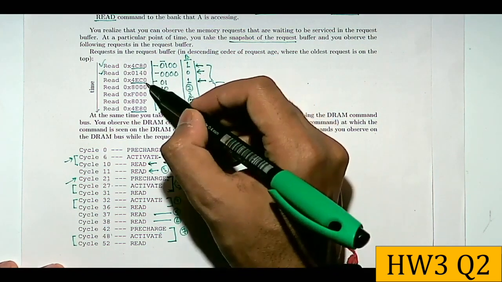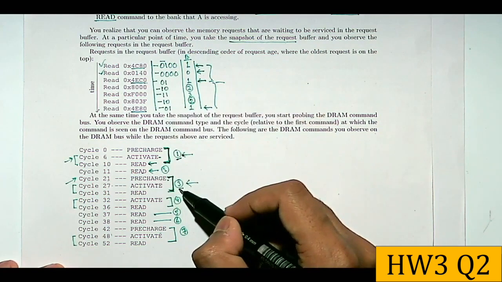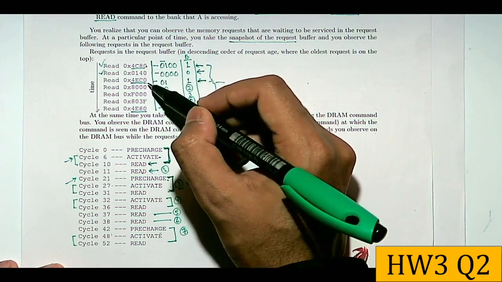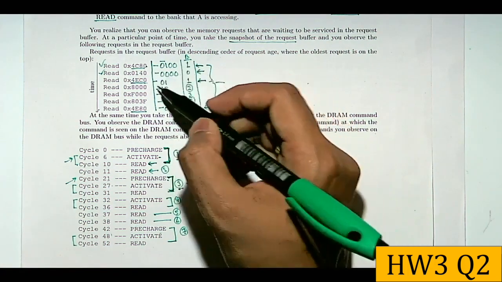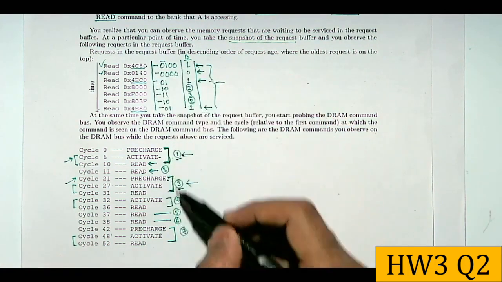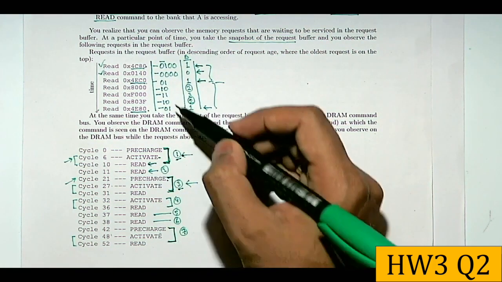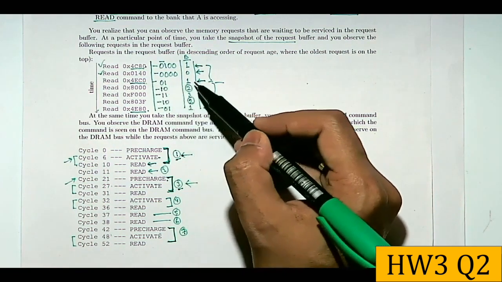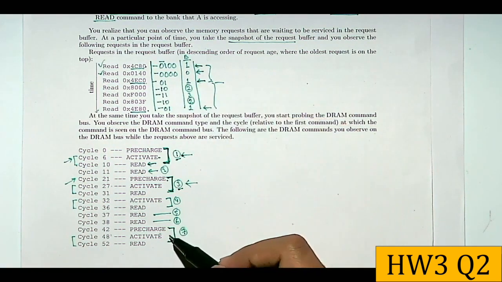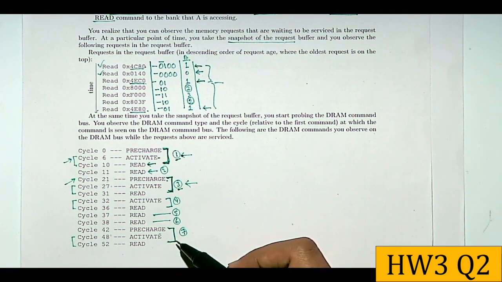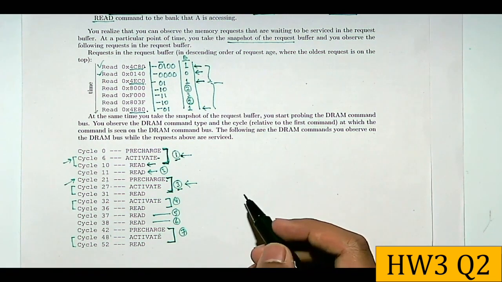Now, if 4EC0 is getting serviced by a pre-charge, that means 4C80 and 4EC0 are not on the same row. That's one hint. Second hint, 4E80 and 4EC0, the last access to the same bank, is also followed by the same pre-charge. So these 2 are also not on the same bank, same row. Does that make sense?